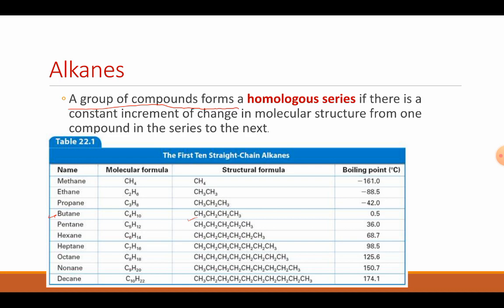And if we have a chain of 5 carbon atoms, it's pentane. If we have a chain of 6 carbon atoms, it's hexane. If we have 7 carbon atoms, it's heptane. If we have 8, it's octane. 9, nonane. 10, decane. Yes. Okay.